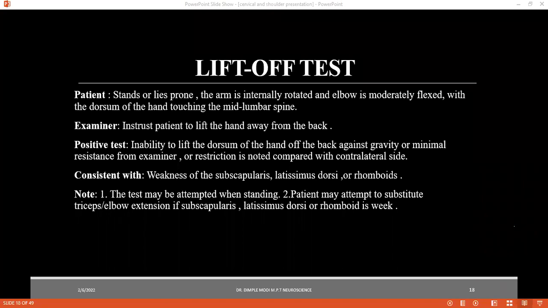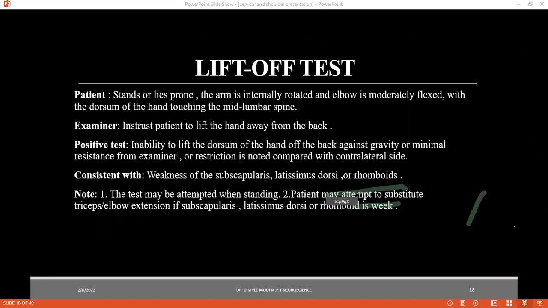So in this, one thing can occur. With this, the patient may not be able to lift the dorsum of the hand, or may try to extend the elbow also, because this will be in flexed position.